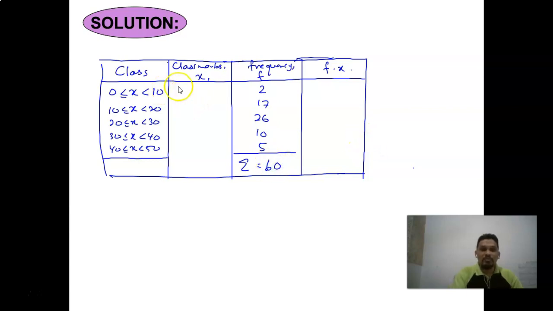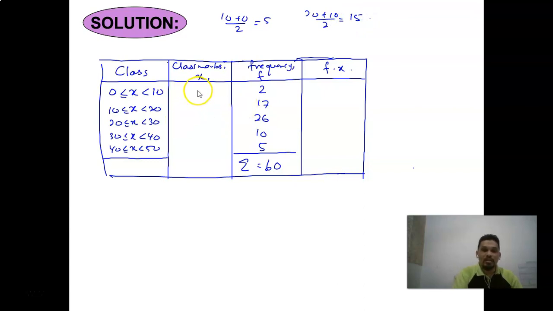Okay, so class mark X is the midpoint of the lower class limit and the upper class limit divided by 2. The lowest here is 10 plus 0 divided by 2 equals 5, and this one here, the midpoint between 10 and 20, so 20 plus 10 equals 30 divided by 2 equals 15.